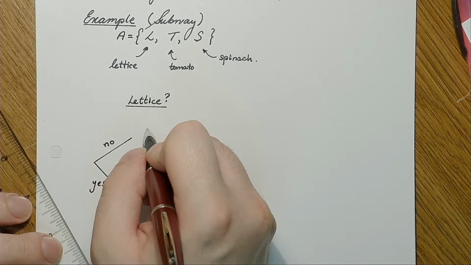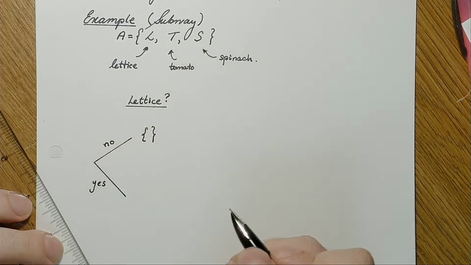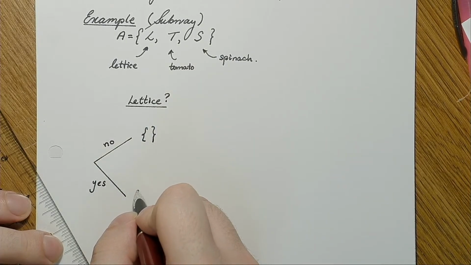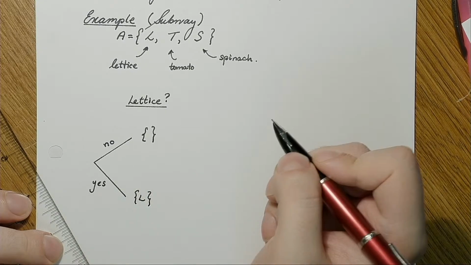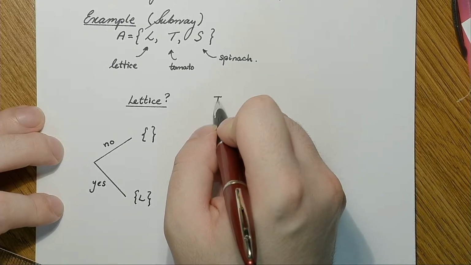If there's no lettuce, then that's an empty sandwich at the moment. Yes, I love lettuce, so then it's an L. Then the sandwich artist asks, do you want tomato?